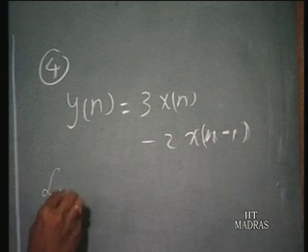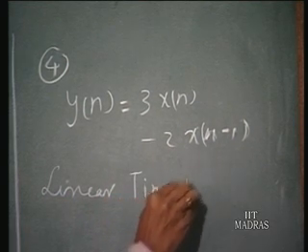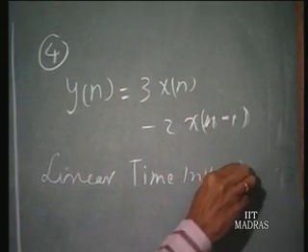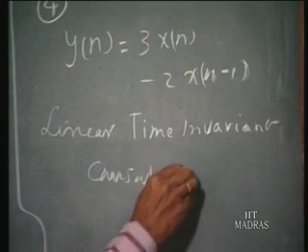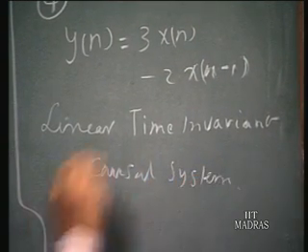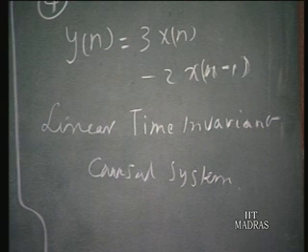This is a linear time invariant, and it will also be a causal system. The requirement of a causal system we will talk about in a moment, so we can take it that it is a causal system. So this is the type of system that we are going to talk about, and there is no difficulty as far as this is concerned.